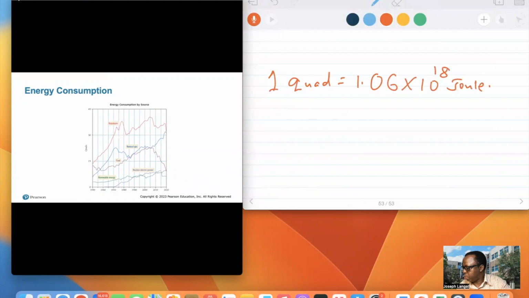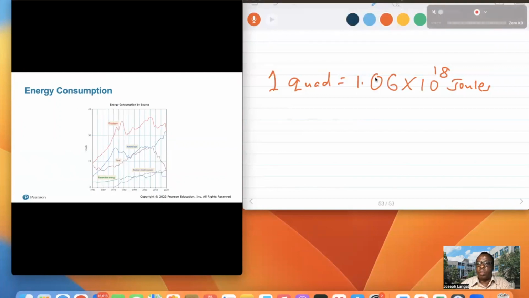It's quite a high number when you talk about the quad. So if you look at 30, if you look at 45, we are talking about multiplying by this to get the actual energy consumption.